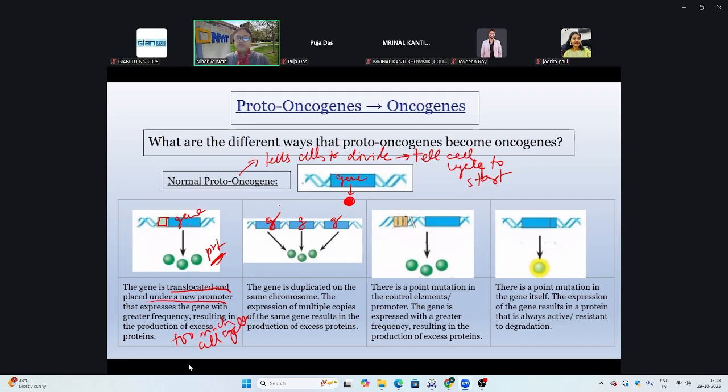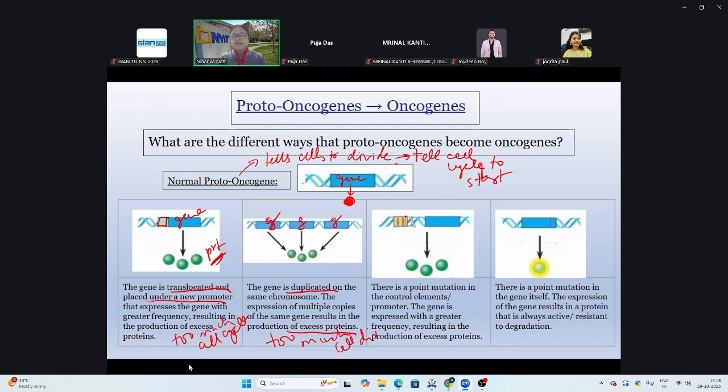But for a gene like a proto-oncogene, which tells the cells to divide, that starts the cell cycle, if you have too many genes and you make too much of the protein, when the gene is duplicated, you make excess protein, and again you have too much cell cycle. Too much cell division.